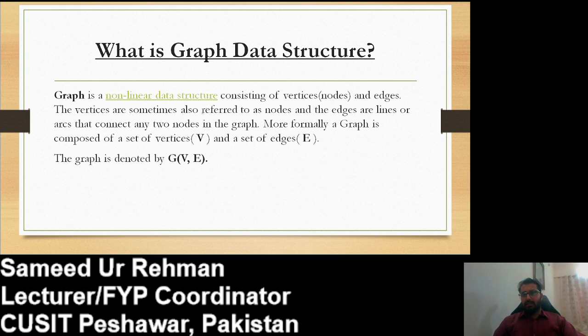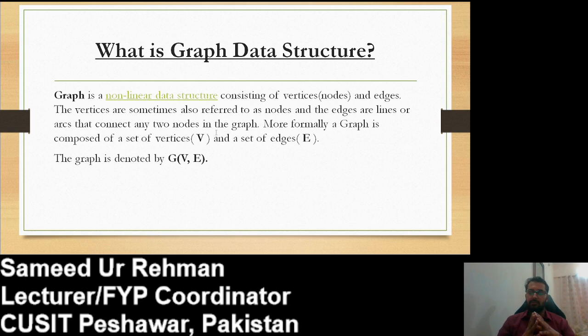As a hierarchical structure, it consists of nodes and edges. So it consists of vertices, which are also known as nodes, and edges. Now, what are nodes and what are edges? We will look into it in the coming slides. The vertices are sometimes referred to as nodes, and the edges are lines or arcs that connect any two nodes.